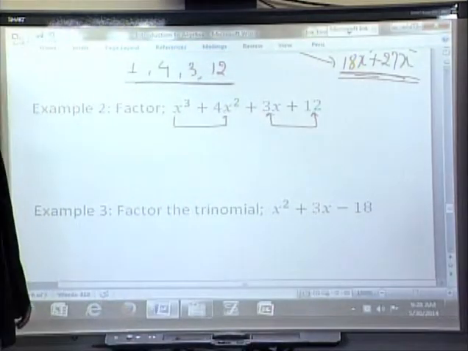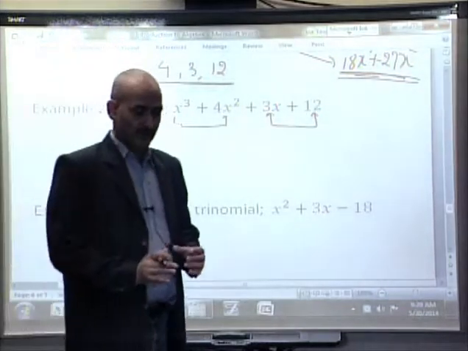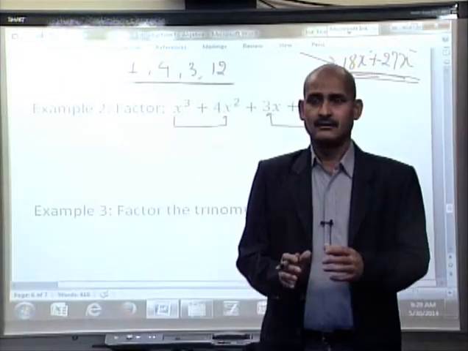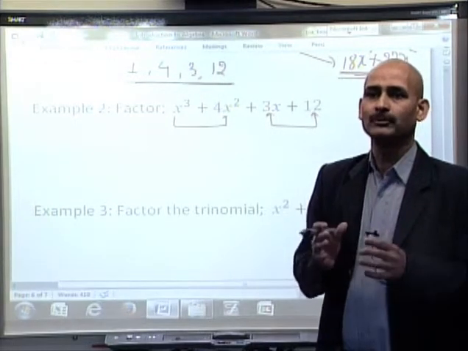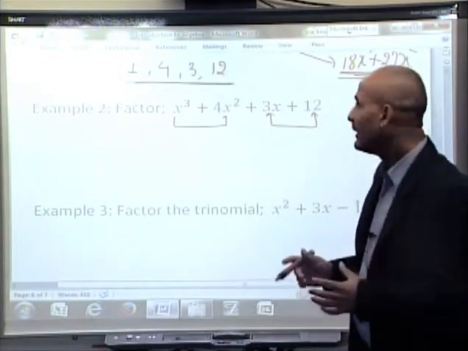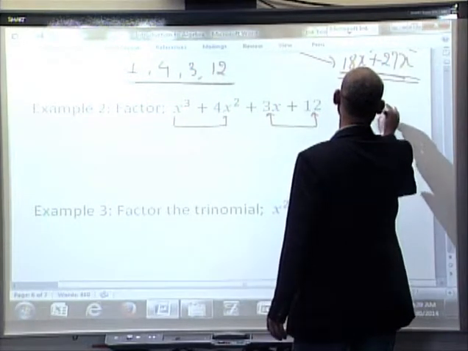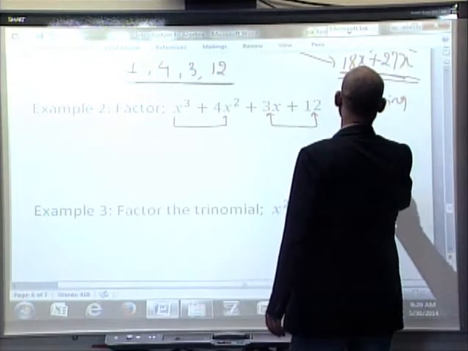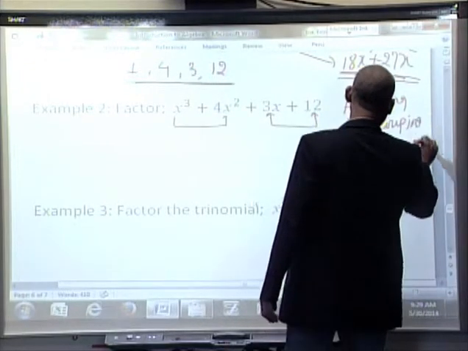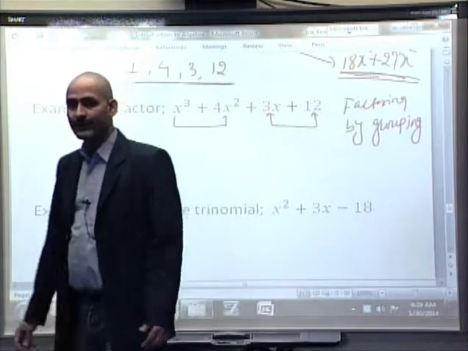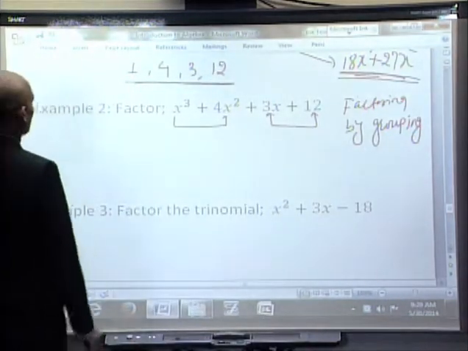The process of factoring by grouping terms in an expression is called factoring by grouping. So I'm using a technique in algebra called factoring by grouping. I'm making groups and trying to factor.